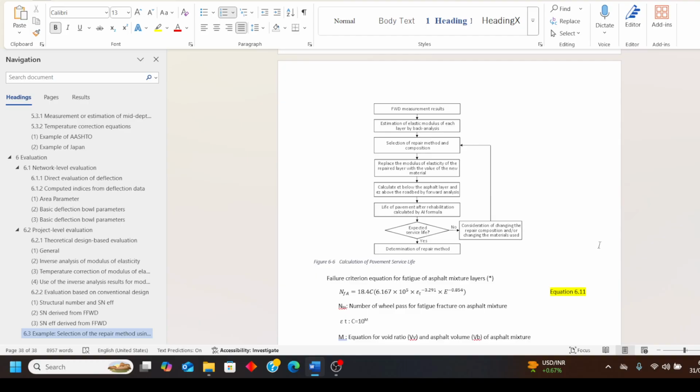Then we use this equation for the fatigue cracking of the asphalt layer.